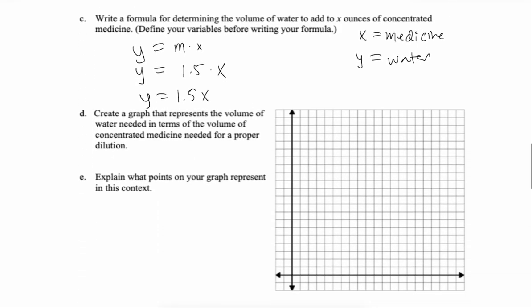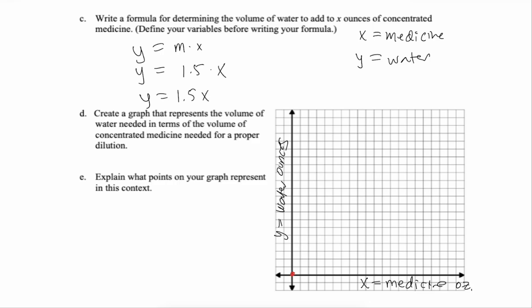Okay. Now it says to create a graph that represents the volume of water needed in terms of the volume of concentrated medicine. See how that says in terms of the concentrated medicine? So we know that our X is going to be the amount of medicine in ounces and Y is going to be the amount of water in ounces.